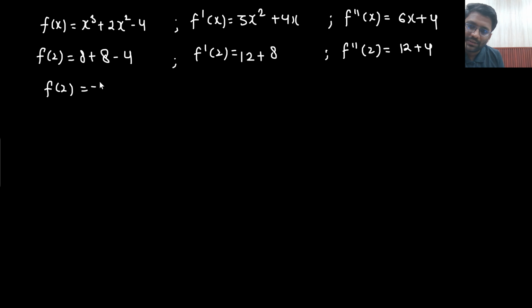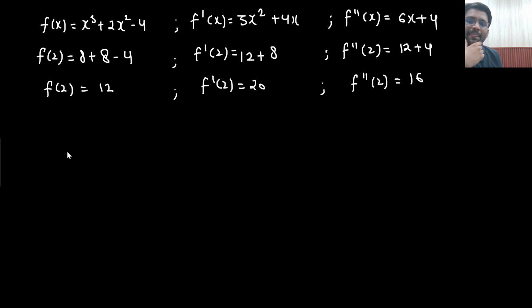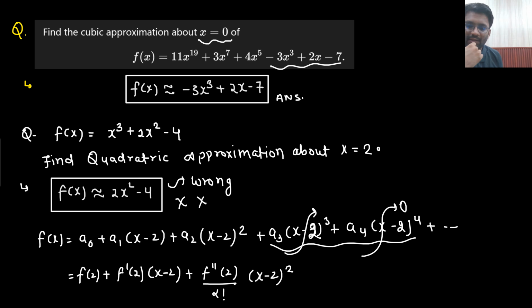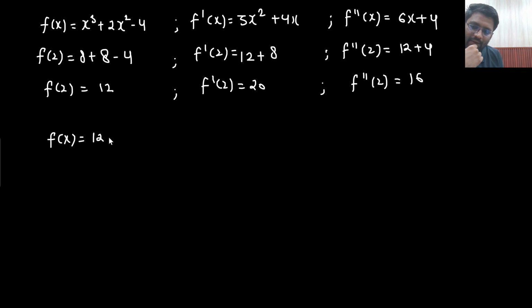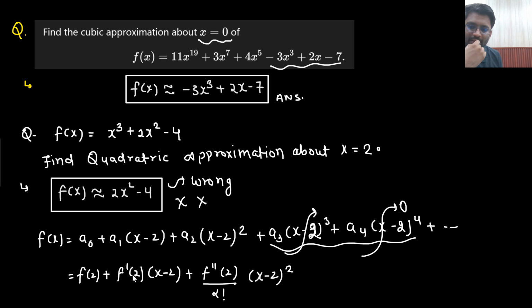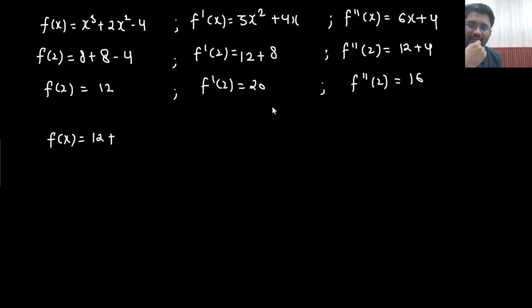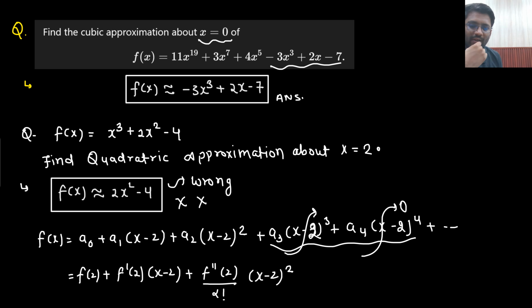So f(2) is 12, f'(2) is 20, and f''(2) is 16. So what will be my answer? f(x) would be written as f(2), which is 12, plus f'(2), which is 20, into (x minus 2).